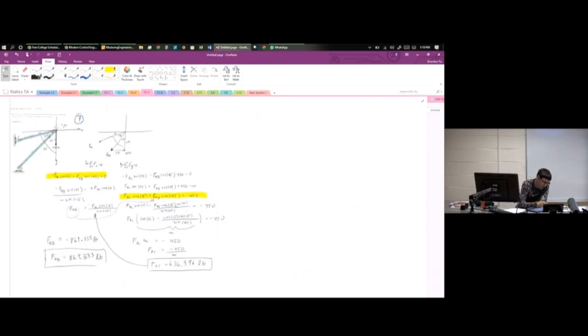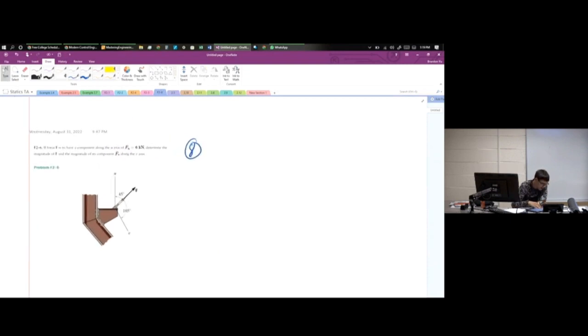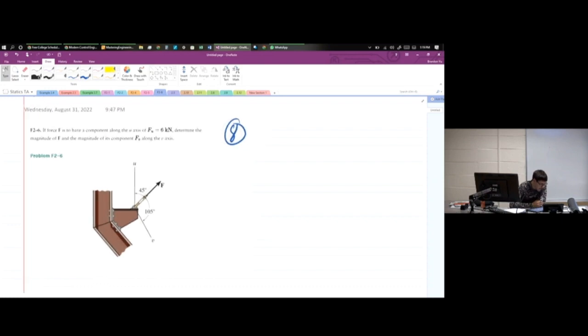All right, so problem number 8 for today. If force F is to have a component along the u-axis of Fu equals 6 kilonewtons, determine the magnitude of F and the magnitude of its component along the v-axis.